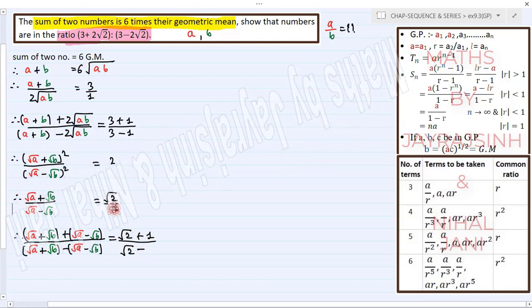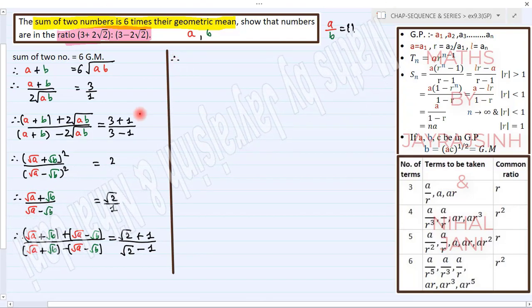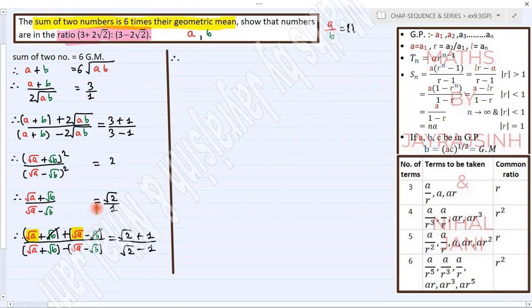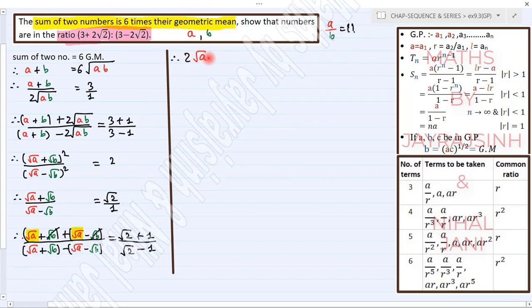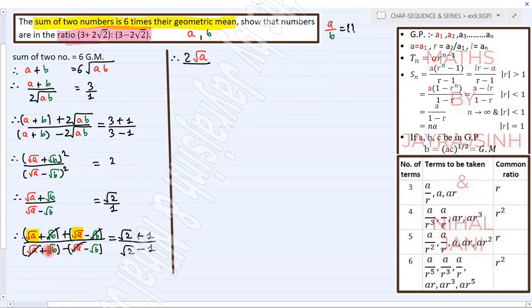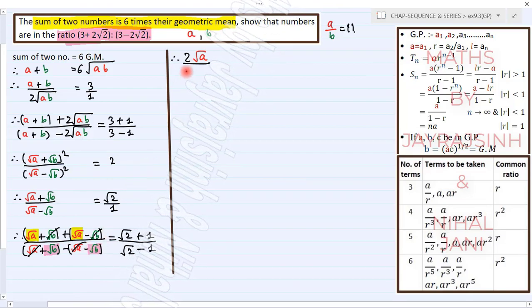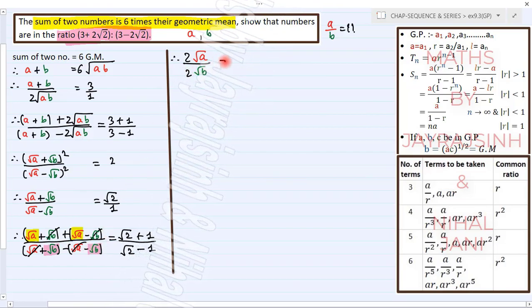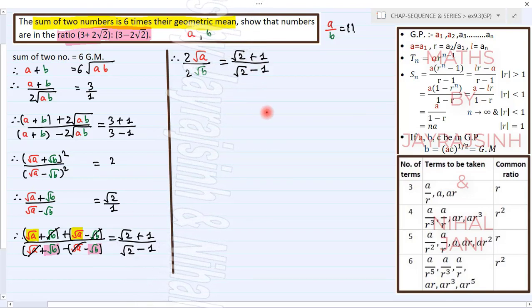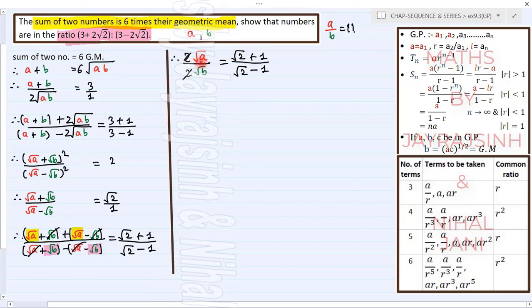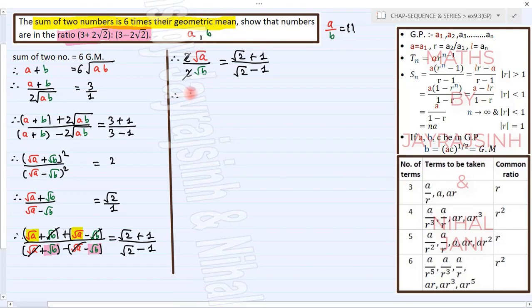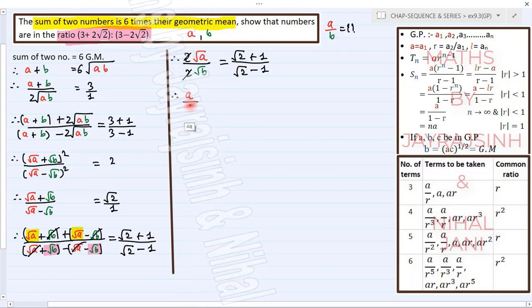Similarly, on the right hand side we'll get the same. On the left hand side your root b will cancel out, and root a plus root a becomes 2 times root a, and in the denominator your root a will be cancelled out, and root b plus root b will be 2 times root b, is equal to root 2 plus 1 upon root 2 minus 1. So 2 will cancel out, and we get the ratio of root a by root b, but we need the ratio of a by b. So let's take square on both sides.